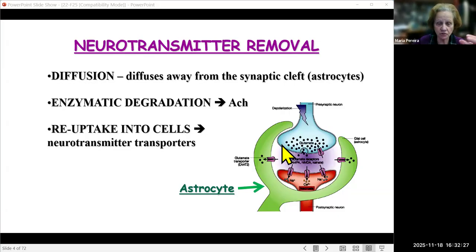All these are proteins that are specific for these neurotransmitters. And then they come into the presynaptic knob, and right there you have enzymes that can destroy them, like monoamine oxidase and COMT. Those destroy the norepinephrine and dopamine.